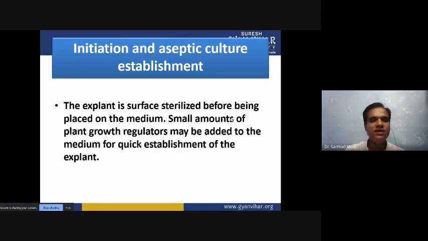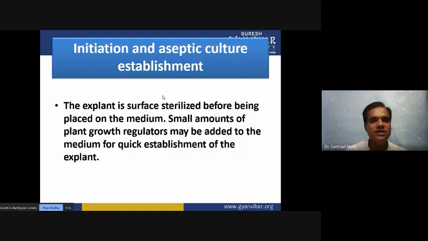So if you will see, we are initiating an aseptic culture establishment, and this method relies on the explant first being surface sterilized before being placed into the medium, and a small amount of plant growth regulator is also added inside the media, so that the plant will respond very fast, and they can grow very fast, and we will get very fast results.